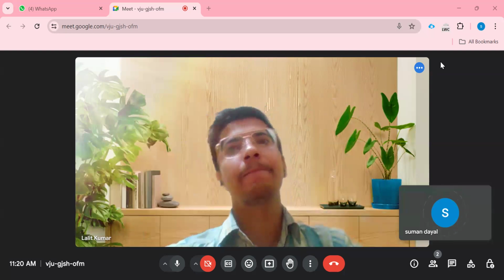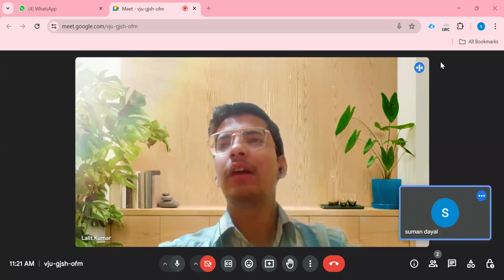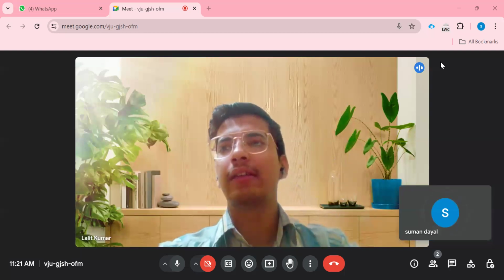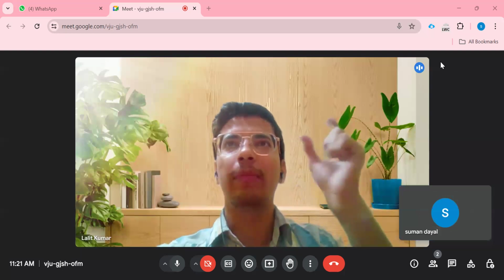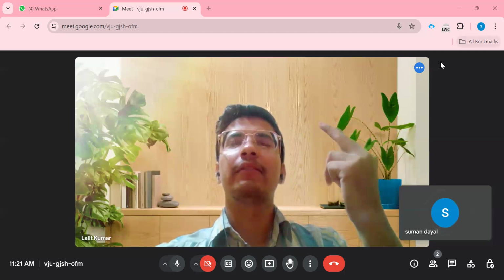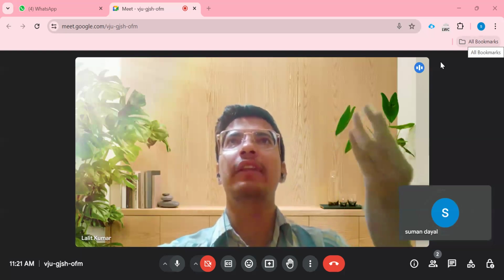Good. What is a sharing rule? Sharing rule is a part of record level security. There are 4 levels: OWD, organization wide default, second one is role hierarchy, third one is sharing rules, and the fourth one is manual sharing.